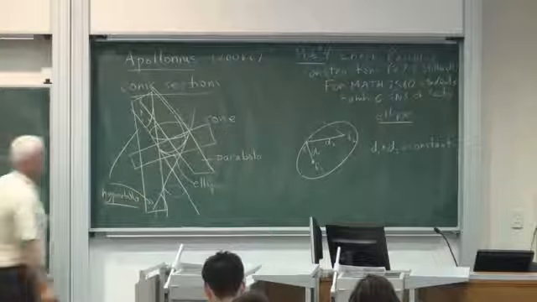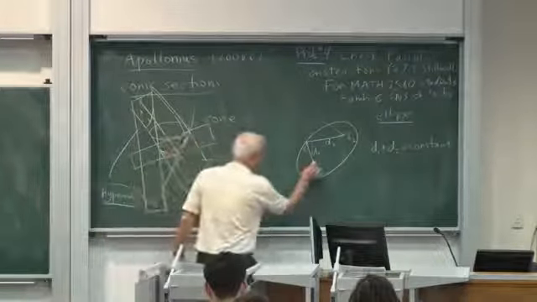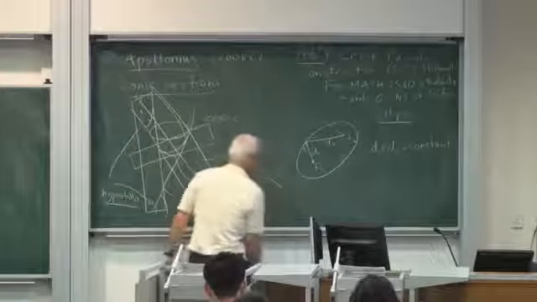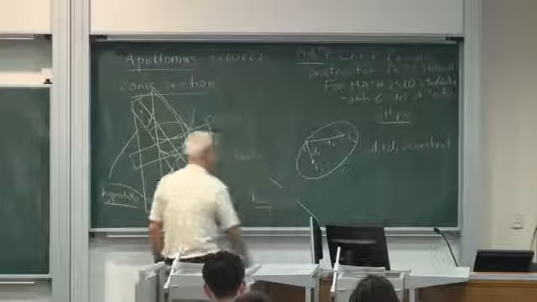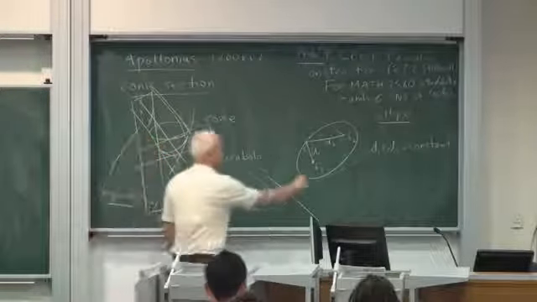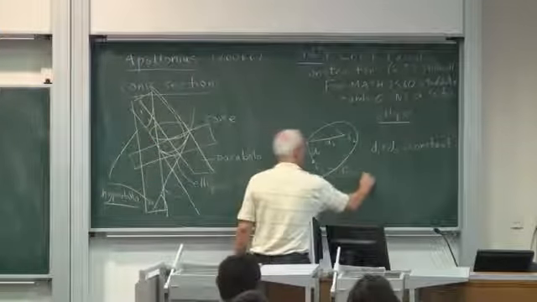There's another way of thinking about an ellipse in terms of choosing one of these foci and a certain line out here called the directrix. The points are called focus, or foci.